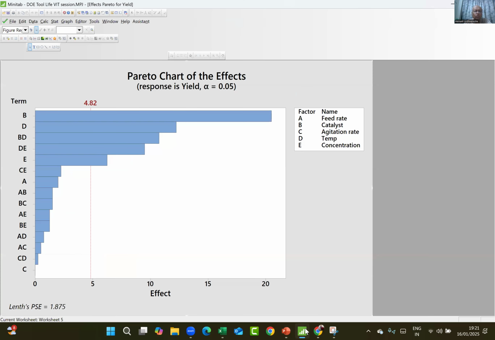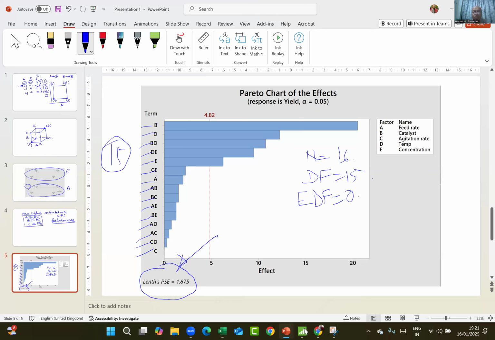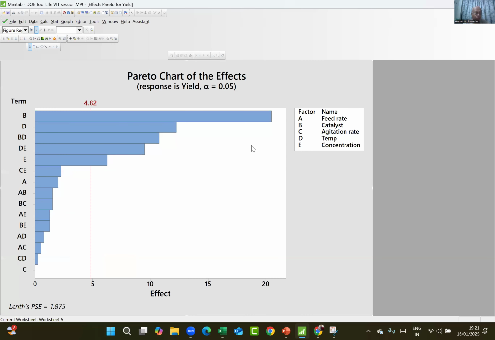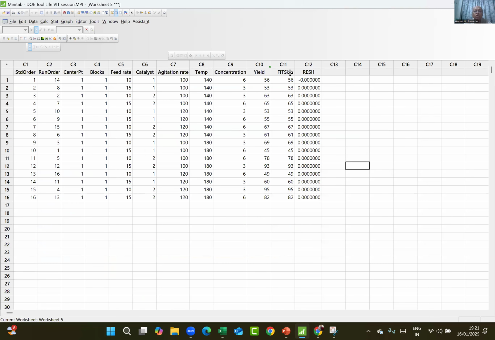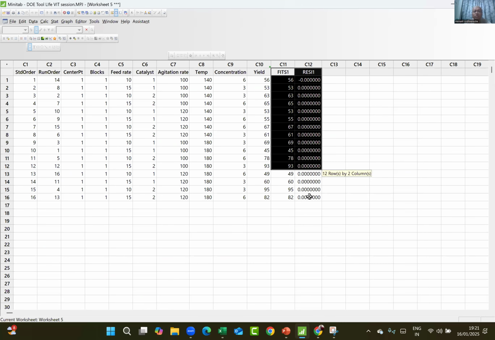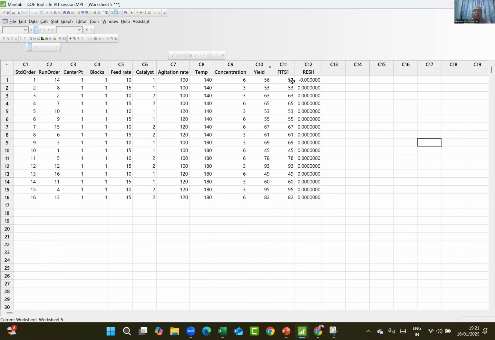Now this will be refined if I ask Minitab to ignore the effects which are not significant. Yesterday I showed you how to reduce the number of terms. But before that, if I look at Minitab now and go to the table, you will see two extra columns here, fits and residuals. Fits means the predicted value for that run.